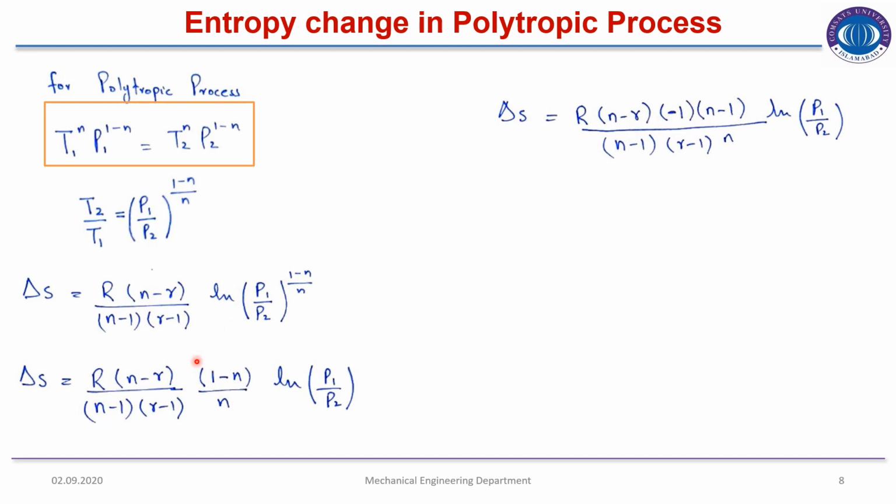Here in the previous step we have 1 minus n, so we have taken minus 1 common and interchanged the sign of minus in the bracket. So it is (n minus gamma) into minus (n minus 1) natural log P1 over P2, divided by (n minus 1)(gamma minus 1) into n.